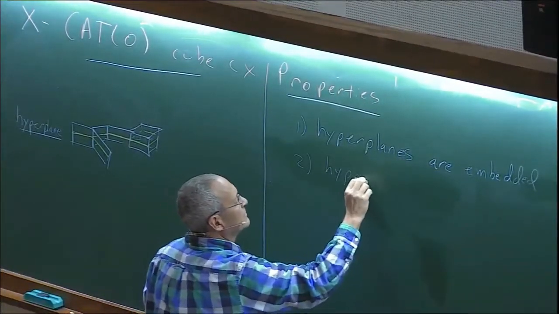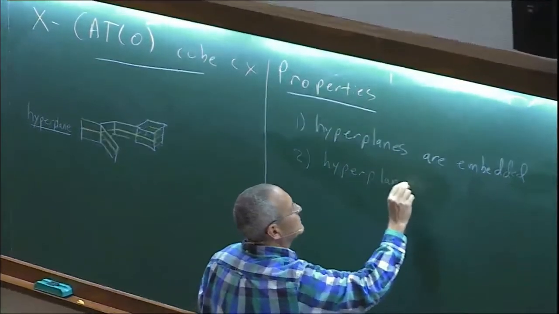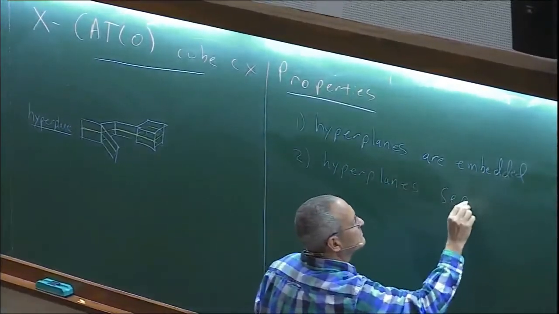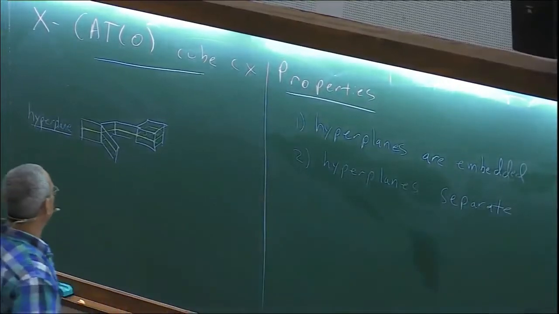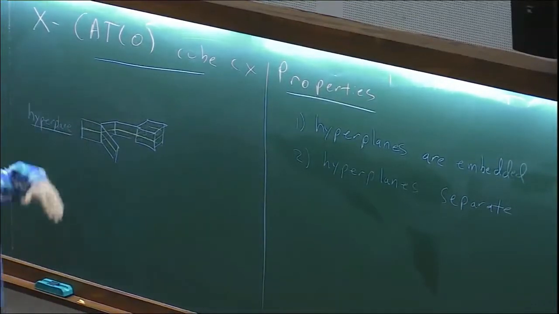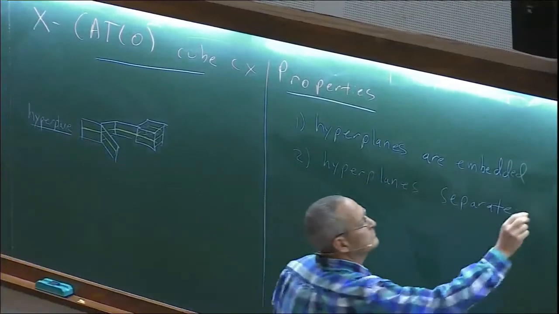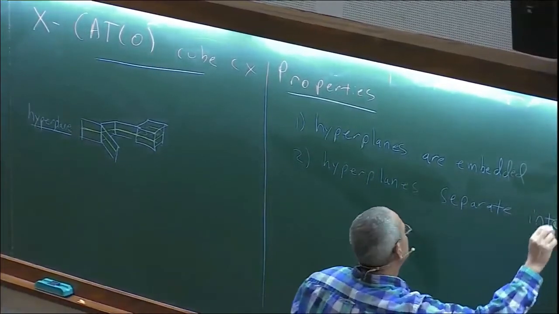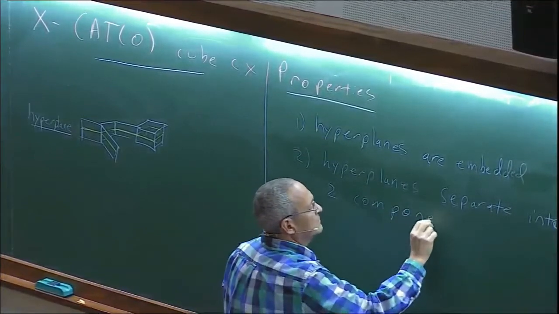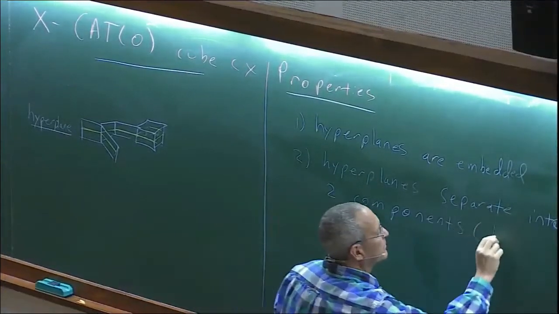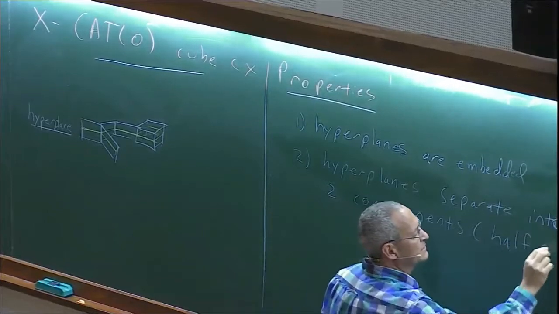Hyperplanes separate. So every one of these separates into two components, which we'll call half spaces.